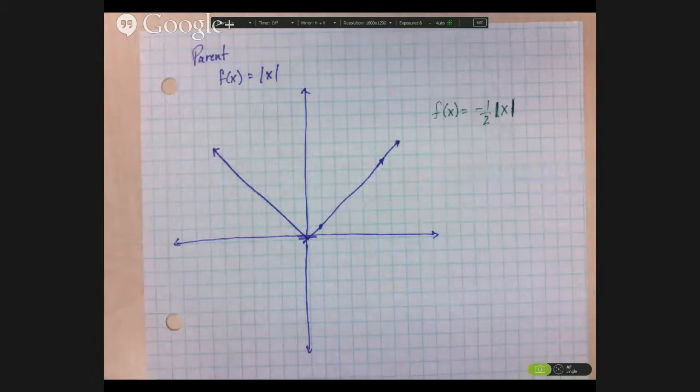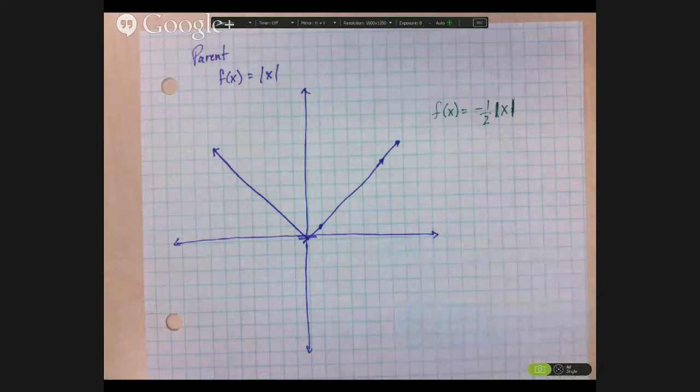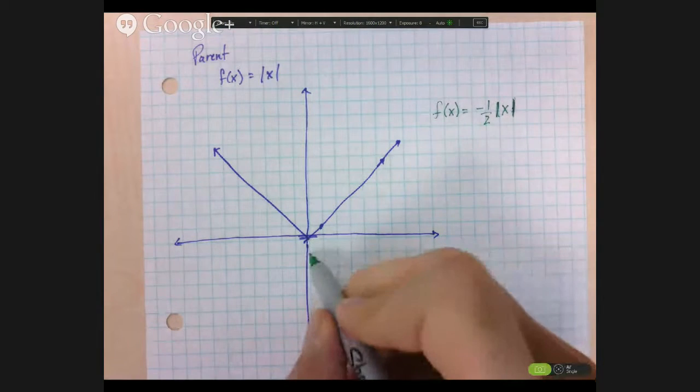Okay, it's upside down. And what's our new slope? 1/2. Yep. So down 1/2.